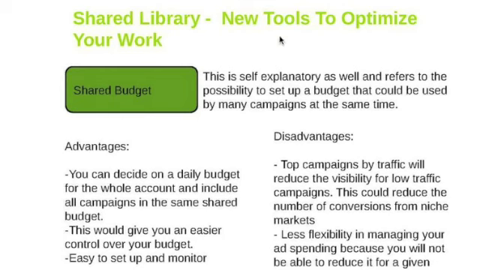So the moment you finish the $100, the campaigns will not run anymore, so they all share the same daily budget. This is really easy in case you know how much you want to spend, but you don't know how to allocate your money. You want the best ad groups to use the majority of the money, and that's what's going to happen, because whoever gets the most traffic gets most of the shared budget.